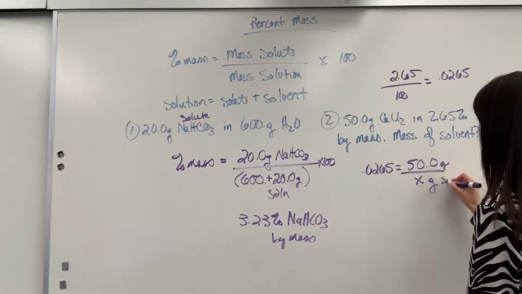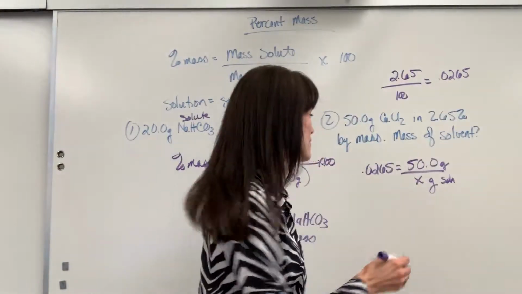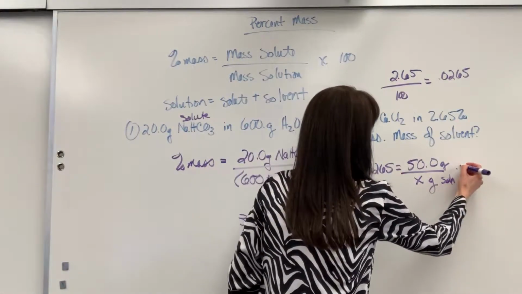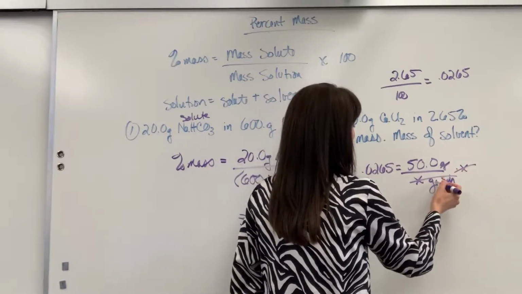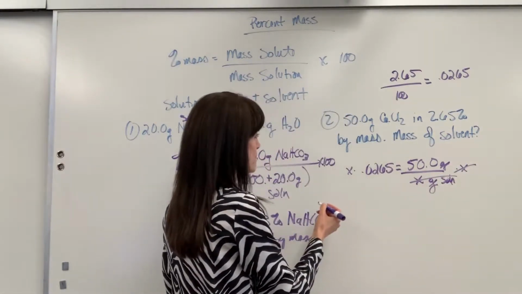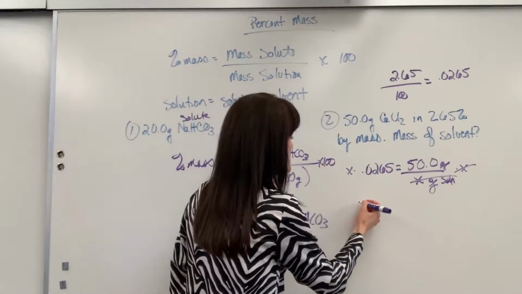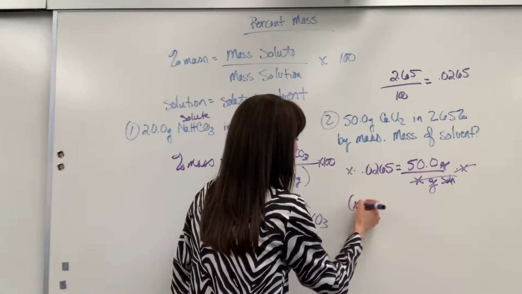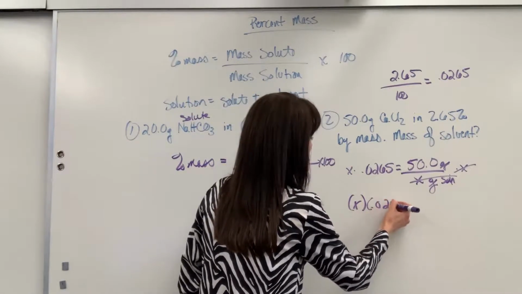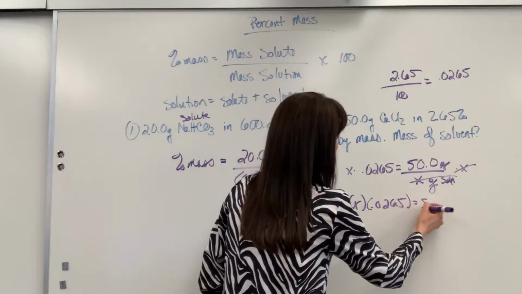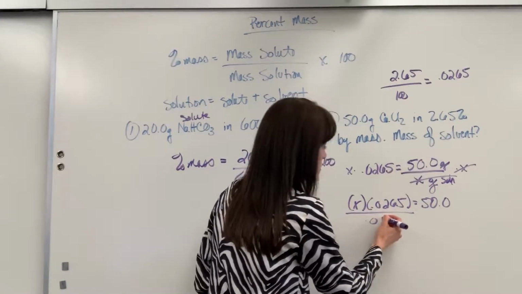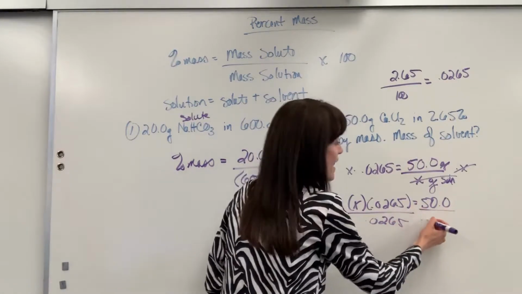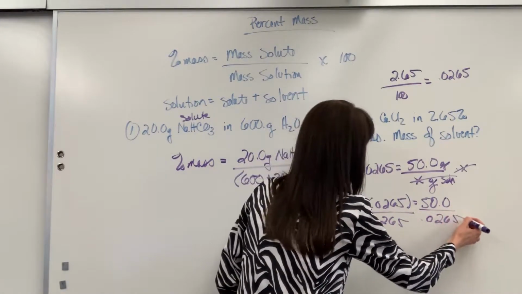So let's do our algebra here, just a little bit of algebra. I'm going to multiply both sides by x, so my x's cancel, grams will cancel there too. Then we are going to have x times 0.0265 equals 50. Now if I divide both sides by 0.0265, we want to isolate that x, get it by itself.